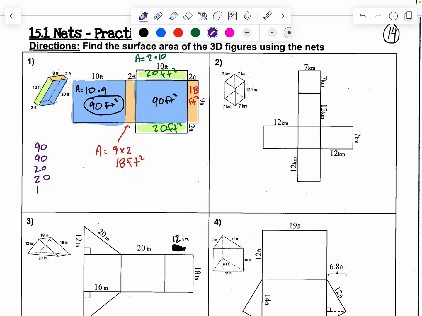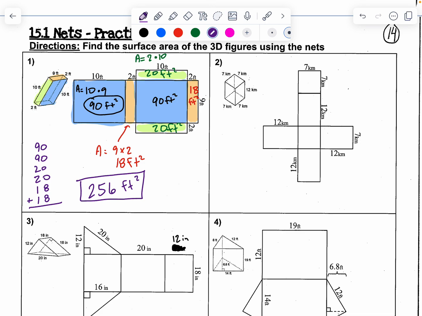And then 18, 18. 220, plus 10 more, 240, I believe that's 256. Let me pull out my trusty calculator just to make sure. Yep, 256. Look at that, mental math, 256. And that answer is not complete because we have to include the unit, feet square.